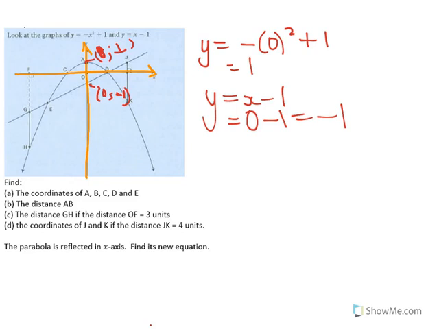Right, then next up, let's look at C. So C and D are the x-intercepts of our parabola. And to find x-intercepts, we use the fact that x-intercepts have coordinates something and 0. So we're asking ourselves, for which input is my parabola going to give me an output of 0?